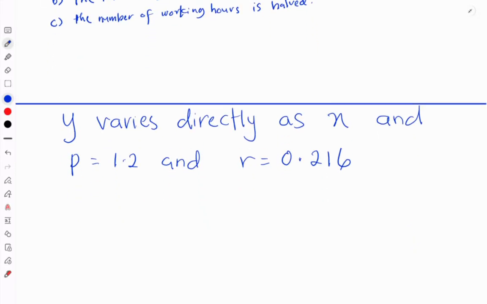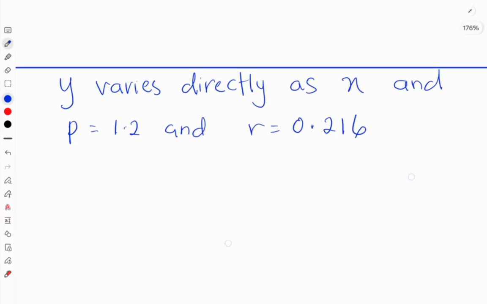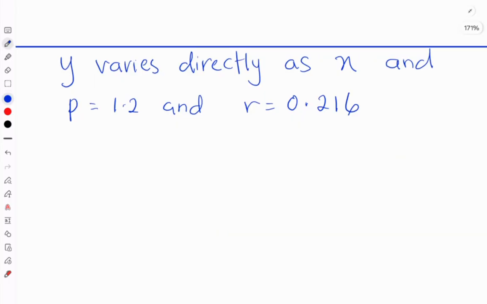Next part. You must be able to write the relation of the two variables in relation form, and you also must be able to write the relation in equation form, and then find the value of k. I will explain first. y varies directly as x.